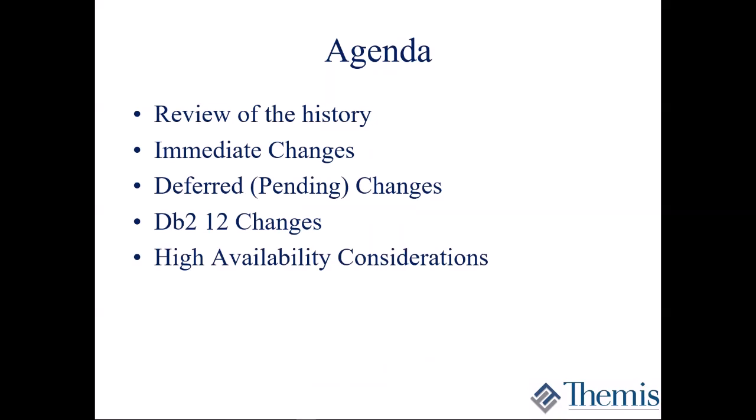We'll also look more specifically at some things that come in Db2 version 12, for those of you who are getting to 12 or planning to get there pretty soon. And then, how does all this work for high availability?